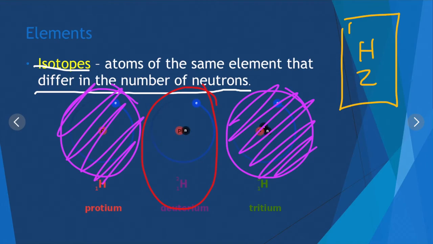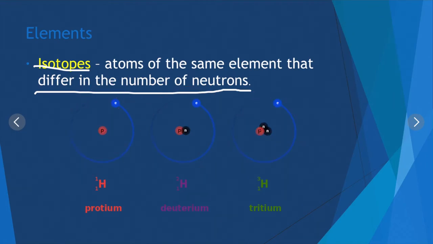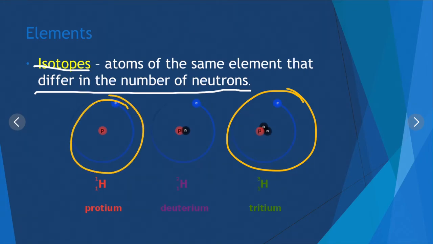But because we have isotopes, sometimes there's 2 neutrons and sometimes there's 1 neutron. That's why we have that decimal. So it's probably like 1.2 something, something, something. I really have no idea. But we have a decimal because of the existence of isotopes.